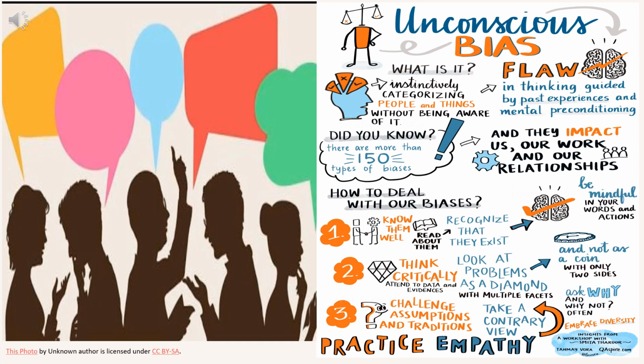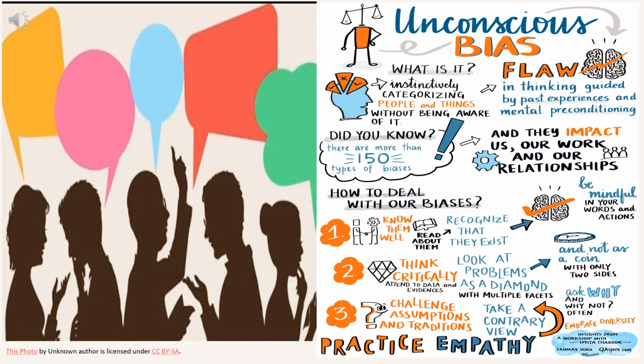So that's the definition of the word bias. Did you know there are more than 150 types of biases? It's quite interesting to know what those 150 types of biases are. They impact us, our work, and our relationships. That's why we need to be mindful in our words and actions, so as not to commit biases.